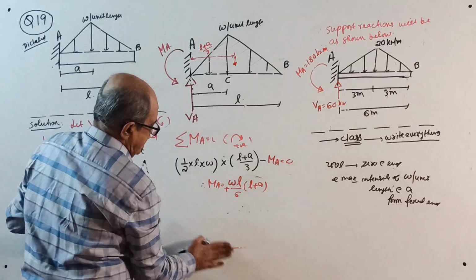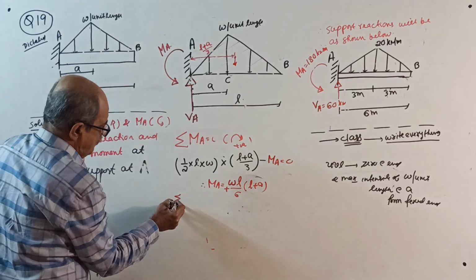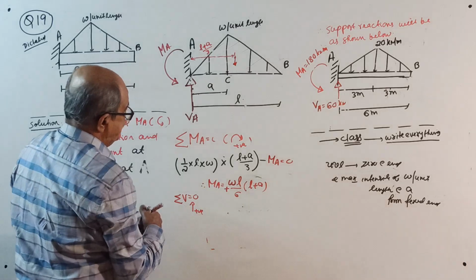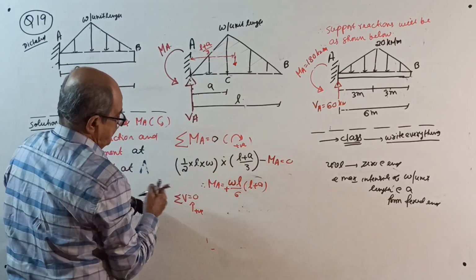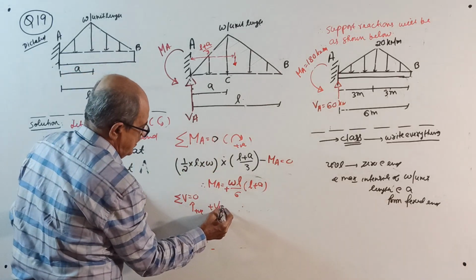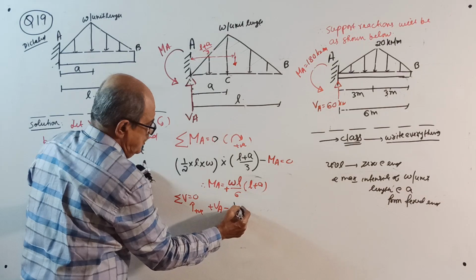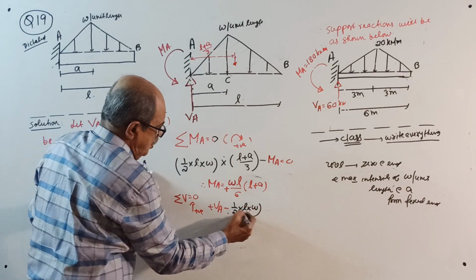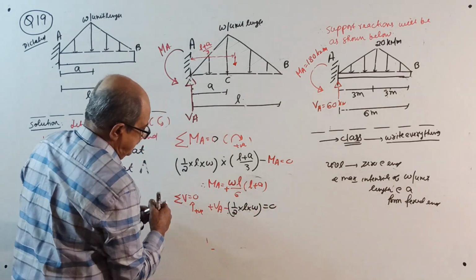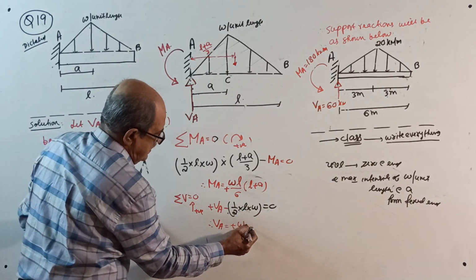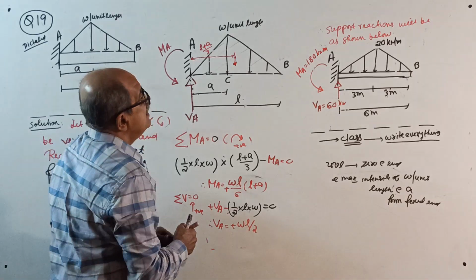Okay. Then sigma V equal to 0, upward positive. You get plus VA minus the total load, half into L into W, the full load, equal to 0. Therefore, VA will come plus WL by 2.